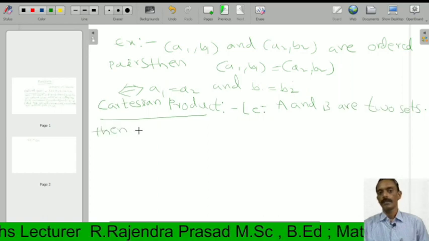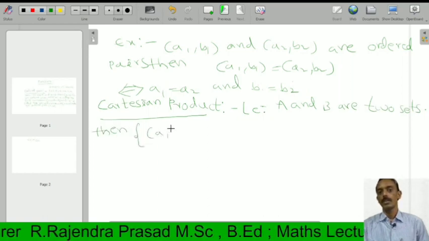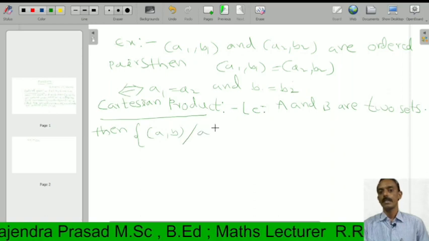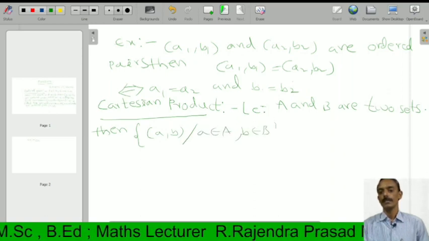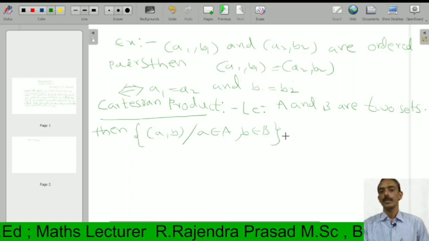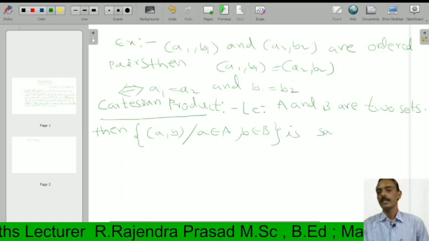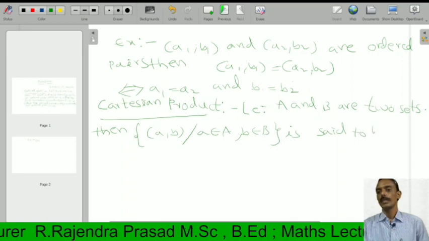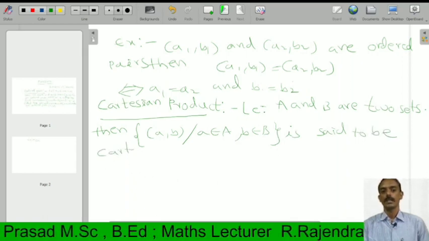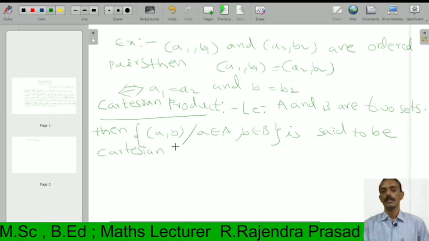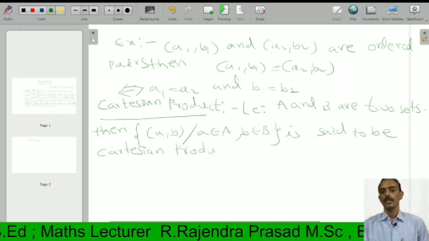Then the set of ordered pairs (a, b) such that a belongs to A, b belongs to B is said to be the Cartesian product.